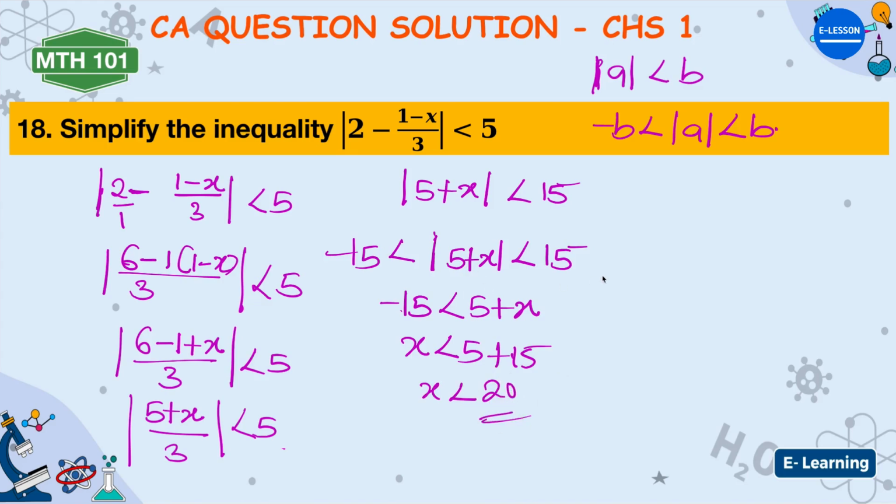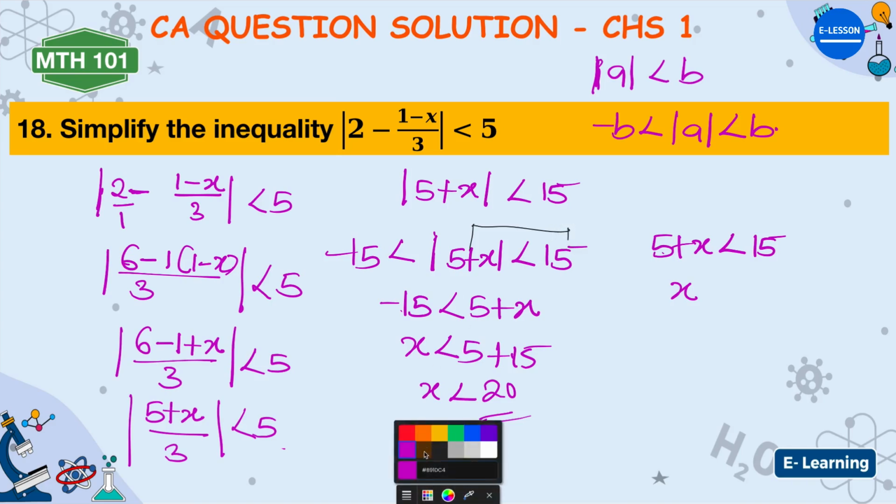Is that okay? Now the other one is 5 plus x is less than 15. Now take this one to this side. What we first did was use this one, solve this part. Then after that, you take this other part and solve. 5 plus x is the common one among them.